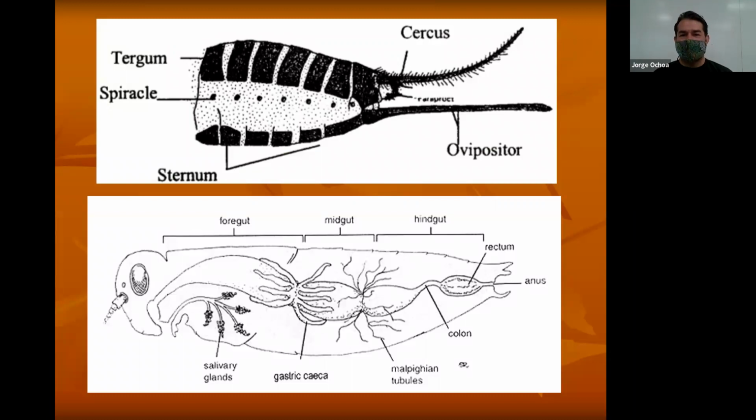And here's just the abdomen with the digestive enzyme and the rest. But also be aware of the ovipositor, which translates to egg-laying apparatus. This is what the insect uses to insert into the soil and lay the eggs.